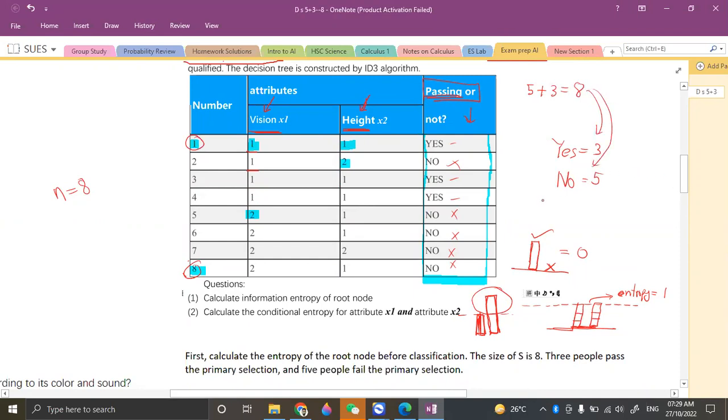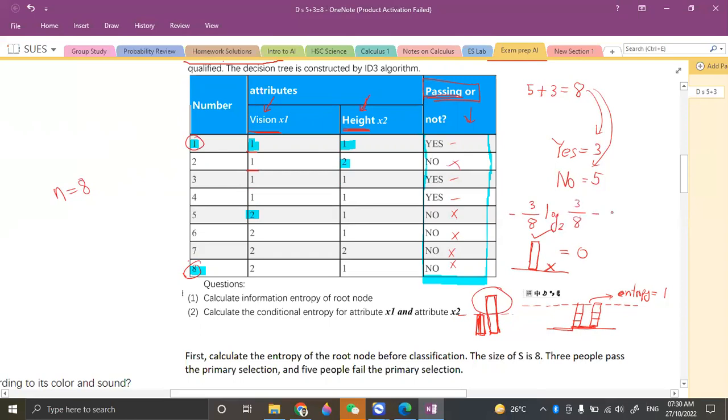So now we write down this way: minus, we have total 8, and for yes that is 3, then log 2 base, total 8 and 3 yes.